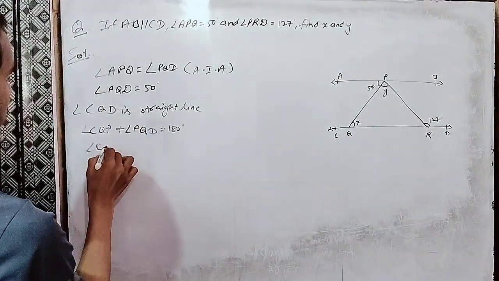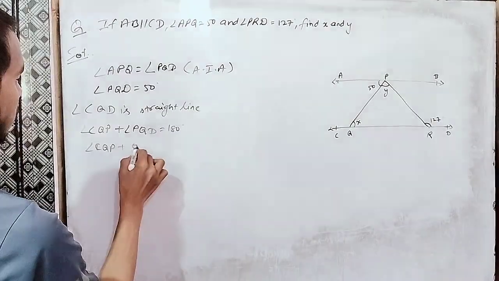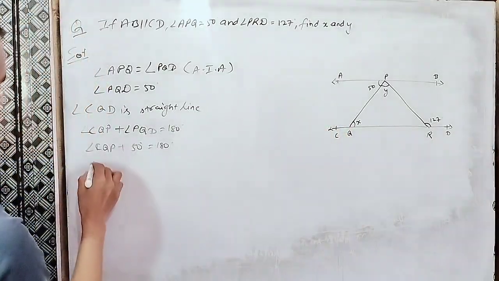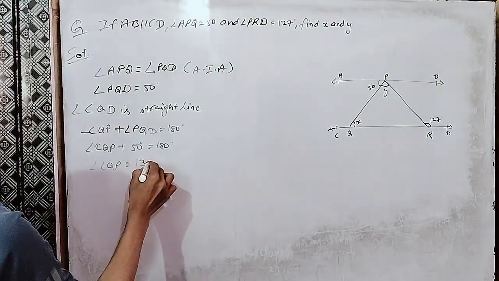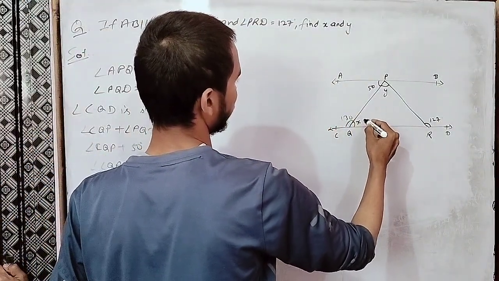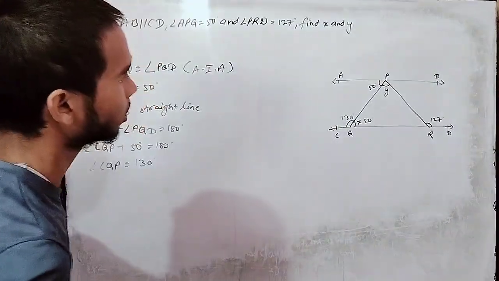So CQP and PQD sum is 180 degrees. PQD is 50, then the value of this angle CQP is 180 minus 50, which is 130. So the value of this angle is 130, and the value of this angle is 50.